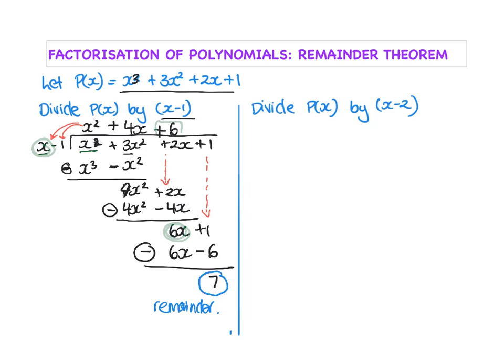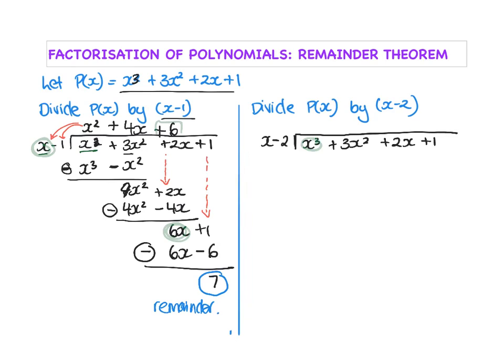Now let's practice another one over here. They want me to divide it by x minus 2. So once again, x minus 2, draw the division template, x cubed plus 3x squared plus 2x plus 1. I'm doing this to help you.